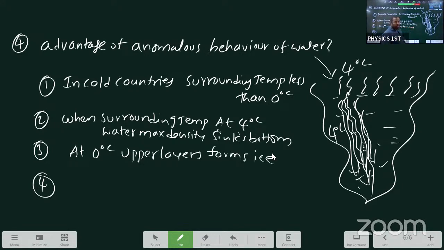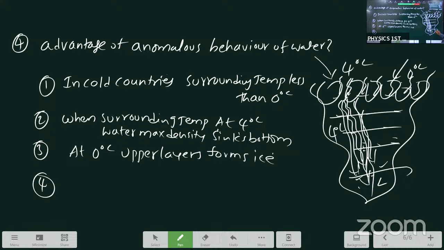At 4 it is more dense, at 3 it is not denser, student, it rises again, then 2, 1, 0 degrees Celsius. When the surrounding temperature is 0, the upper layer forms ice, because of the effect of 0 degrees Celsius. The upper layer forms ice. The lower levels maintain different temperatures, student. Obviously 4 degrees Celsius at the bottom, then some 3, some 2, some 1 degree Celsius.